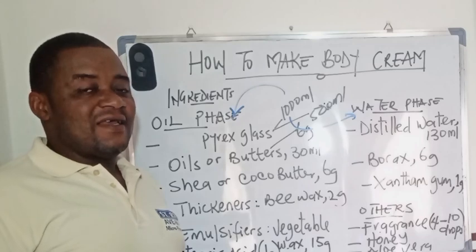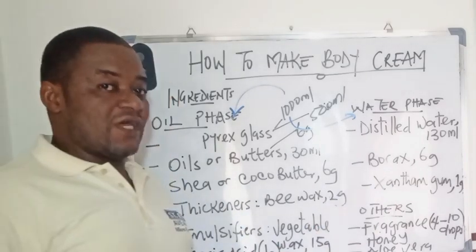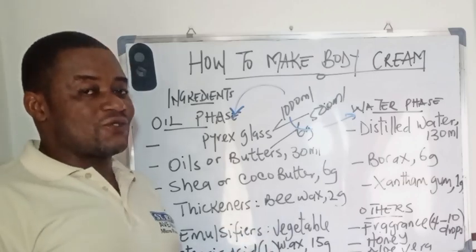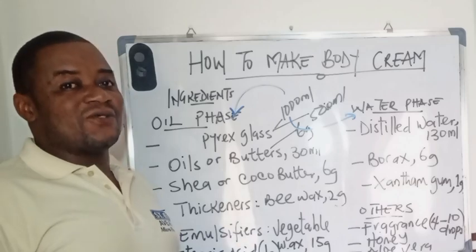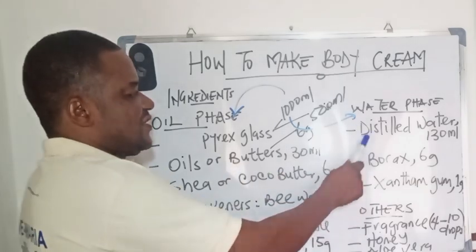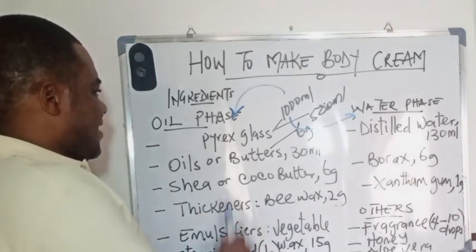They are easily affordable. You can also buy xanthan gum. Xanthan gum is not compulsory, it's also optional. But it's nice if you see xanthan gum, you buy it also to use. So in this water phase, you have the distilled water, borax, and xanthan gum.